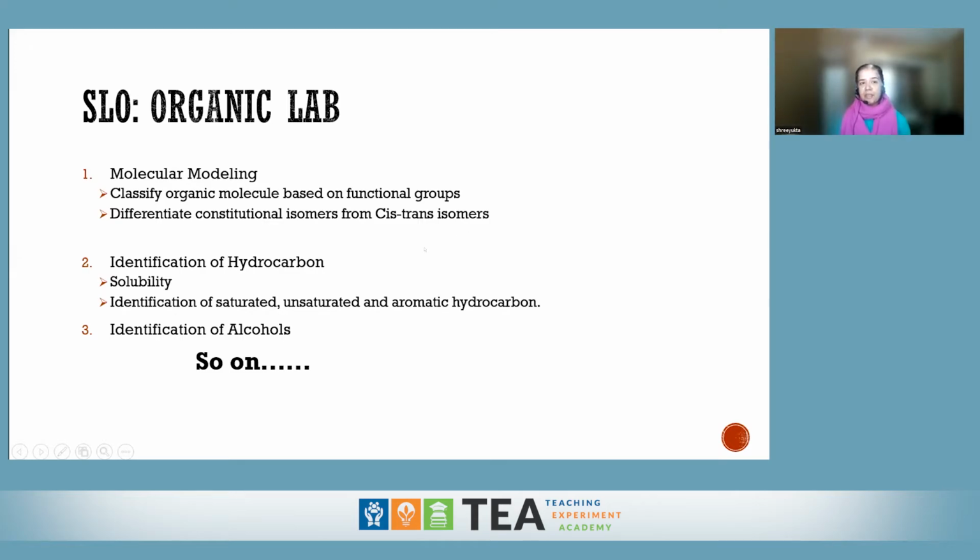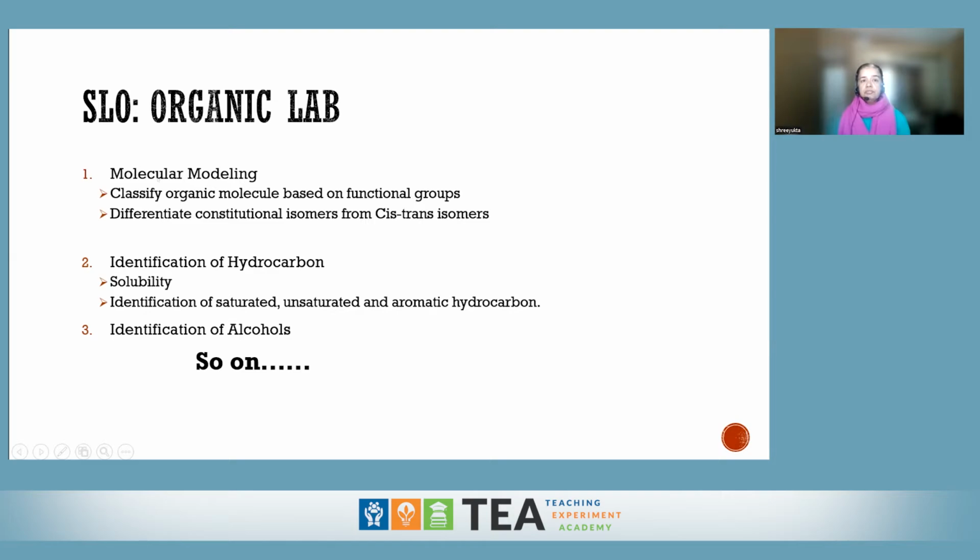The second one is identification of hydrocarbons: learning whether oil mixes with water or not, how to differentiate between saturated and unsaturated hydrocarbons, and so on, across all 15 labs.